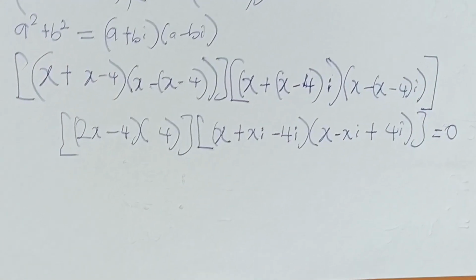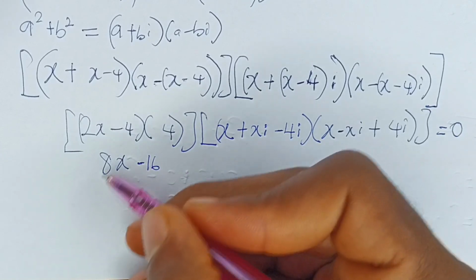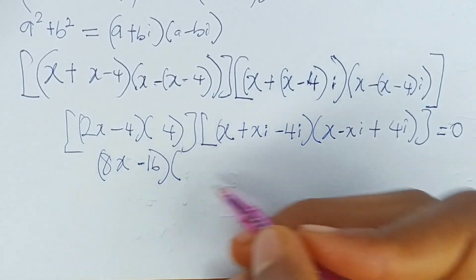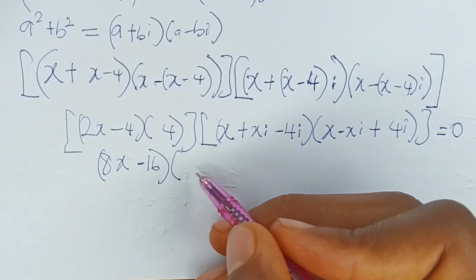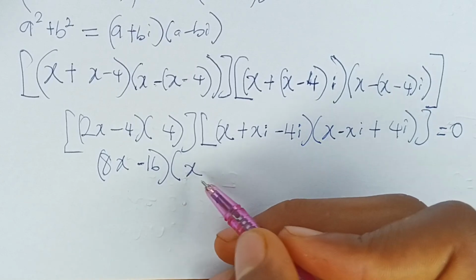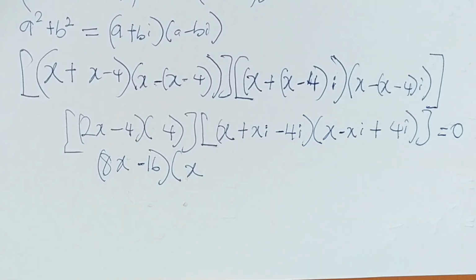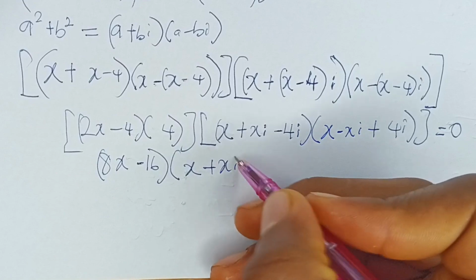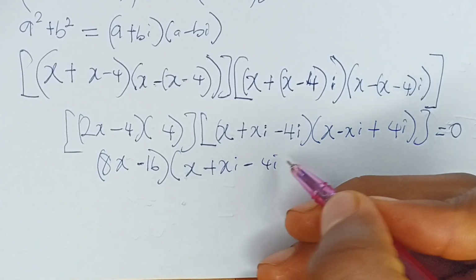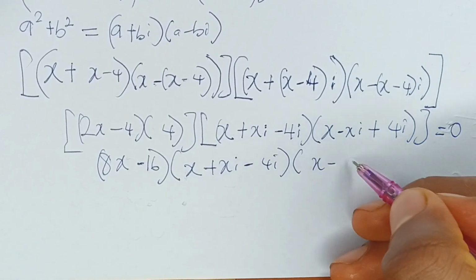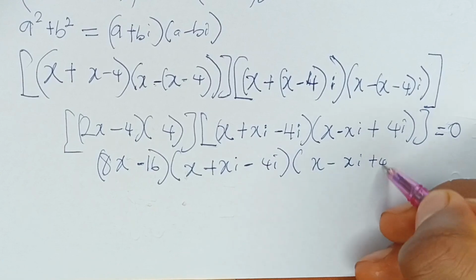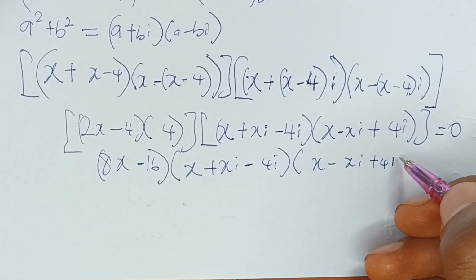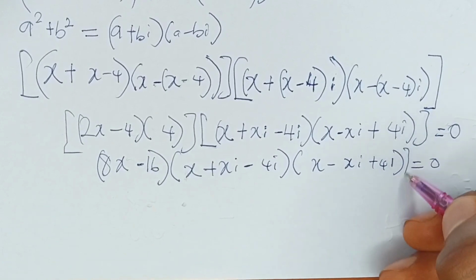Now at this point, we have 16 multiplied by (x + xi − 4i)(x − xi + 4i) is equal to 0, okay.